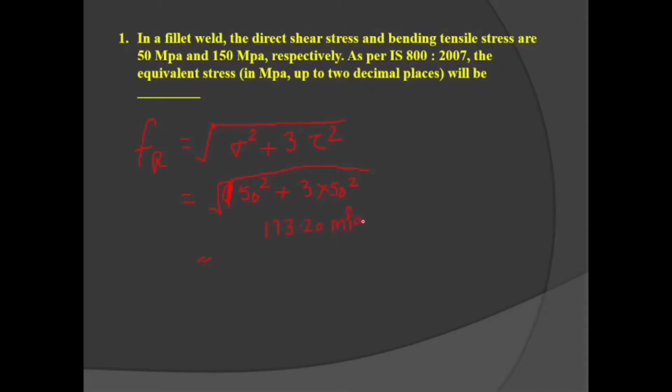This is a GATE 2019 question. Here sigma is given as 150 megapascal and tau is given as 50 megapascal. So please be careful. This is our answer, 173.20 megapascal.